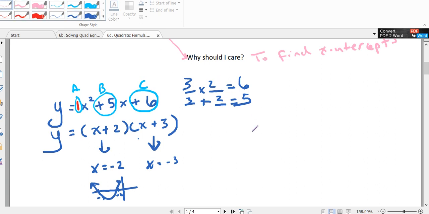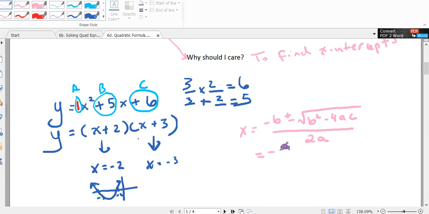So x equals negative b plus minus square root of b squared minus 4ac divided by 2a. So let's plug the numbers in. Negative b. So my b value is 5.